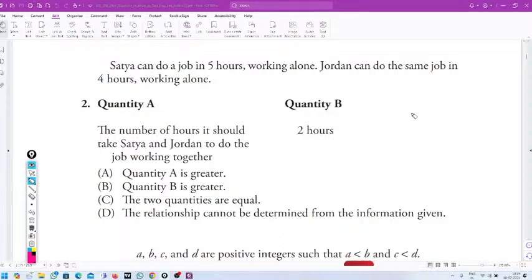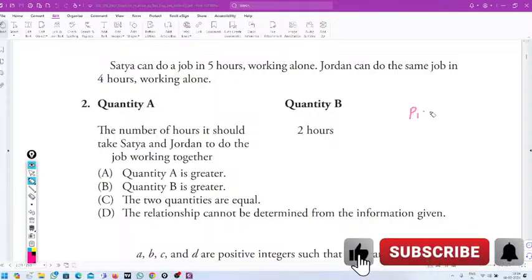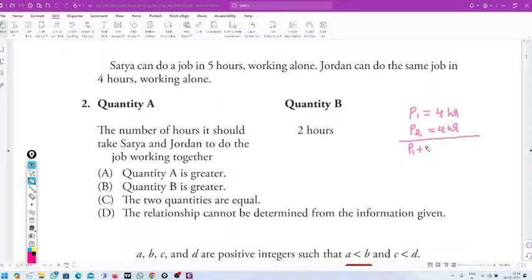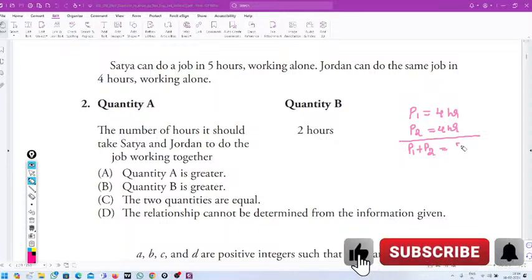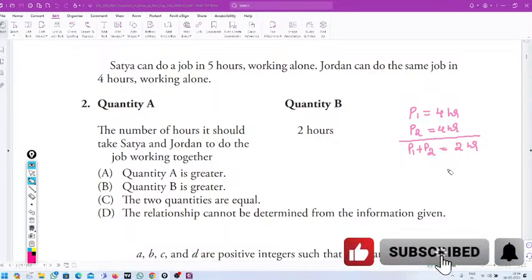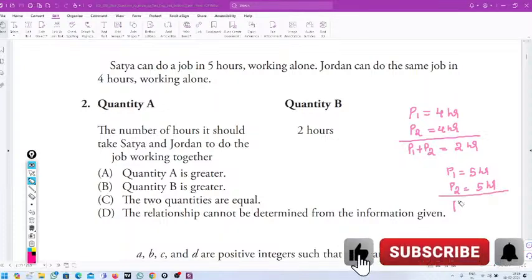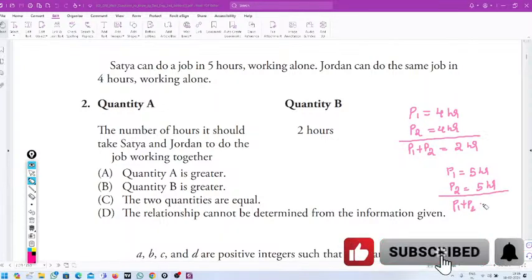When the first person P1 is taking 4 hours and P2 is also taking 4 hours, both of them together will take 2 hours. Suppose P1 is taking 5 hours and P2 is taking 5 hours, then two people will take 2.5 hours.